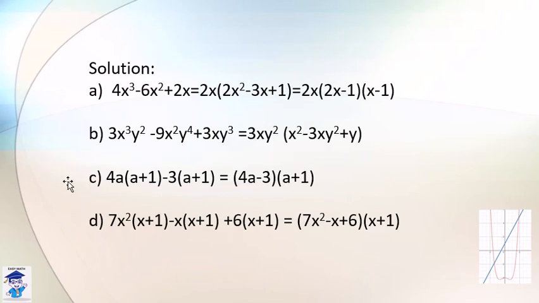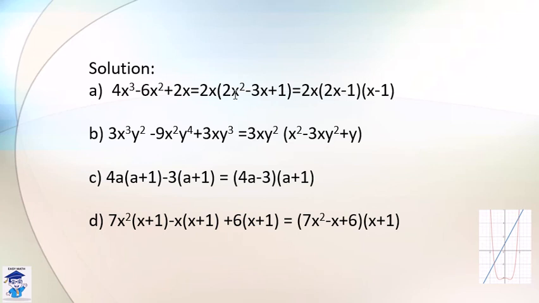The solution A. And then here they are cubic, x cubic, so we can see they are common, the number is 2, so take out the 2x, and then the bracket inside one is 2x squared minus 3x plus 1. So make this in the bracket turn into 2x minus 1, x minus 1.